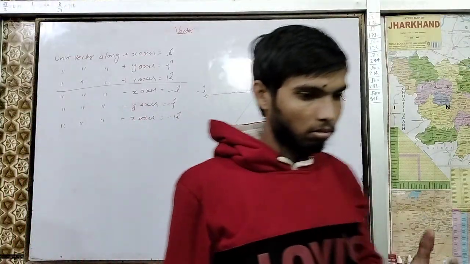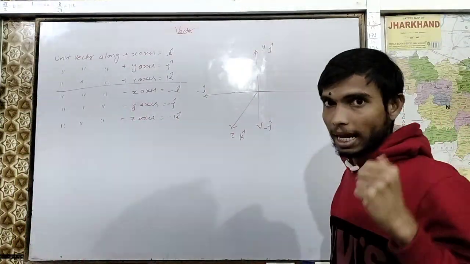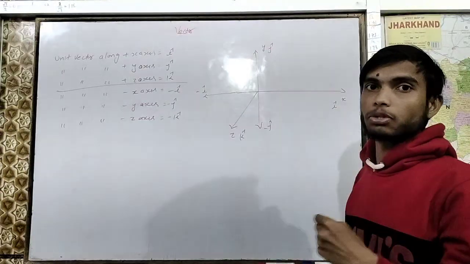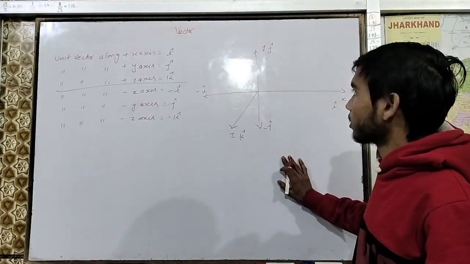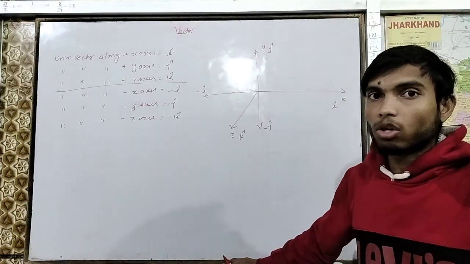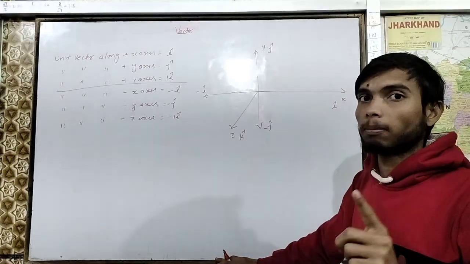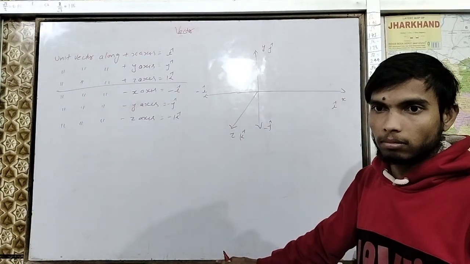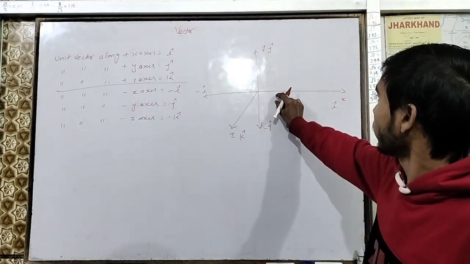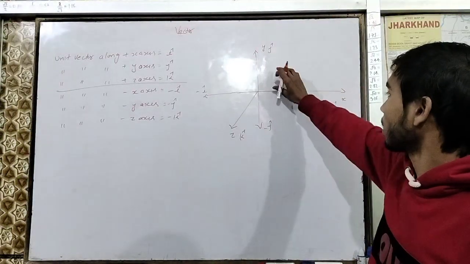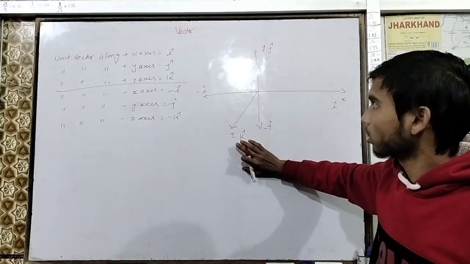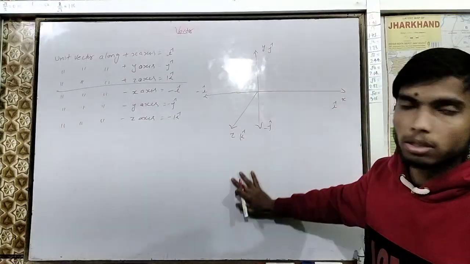All these are main points that we will have to remember in the lecture of vectors, and this vector will come in the lectures of motion in a straight line and motion in a plane. So the unit vector along the x-axis will be our i cap, along the y-axis will be our j cap, and along the z-axis will be our k cap.